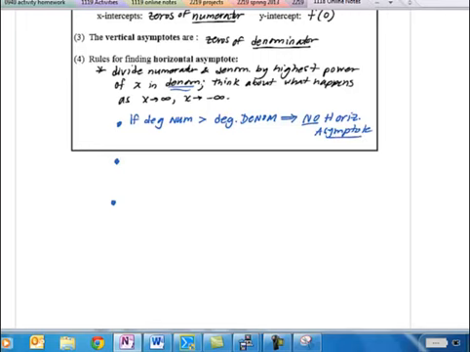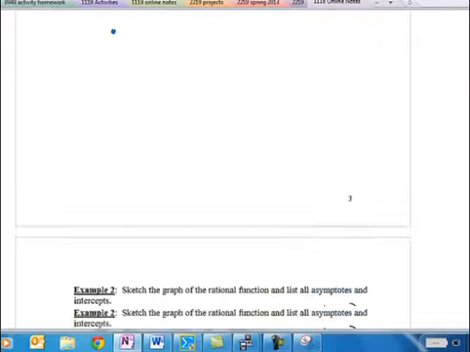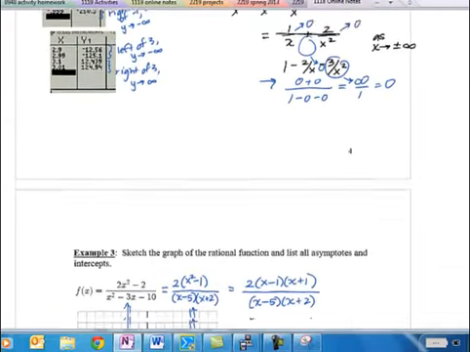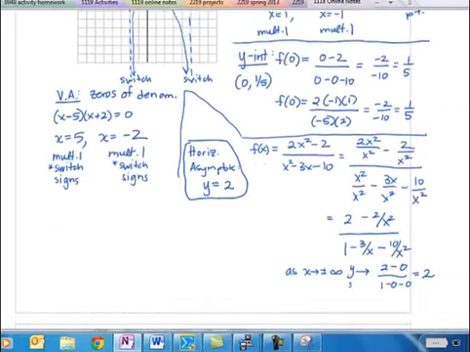We also saw an example where the degree of the denominator was greater than the degree of the numerator. Let's go back and look at that example and see what happened. I think that was our third example. Nope, fourth.